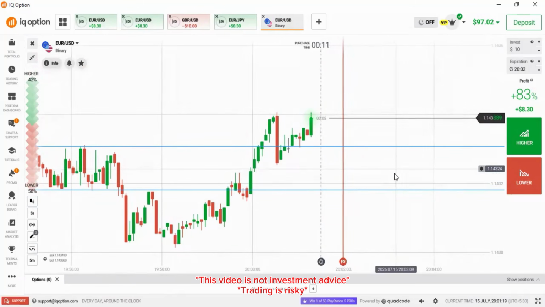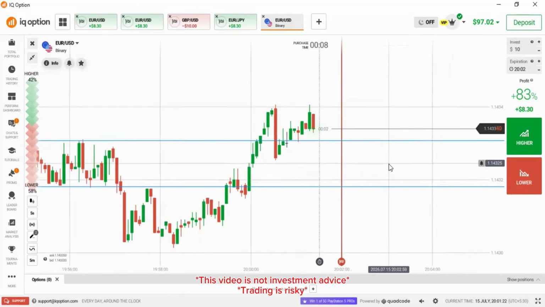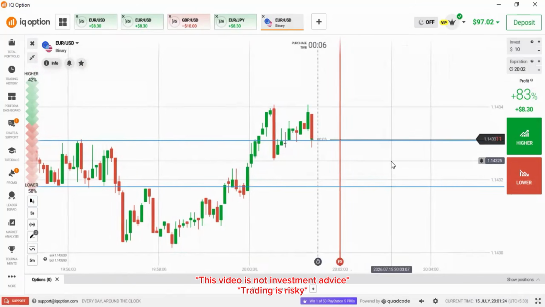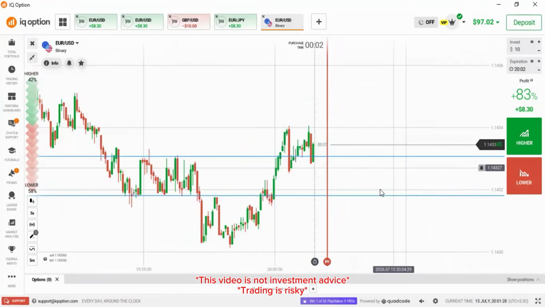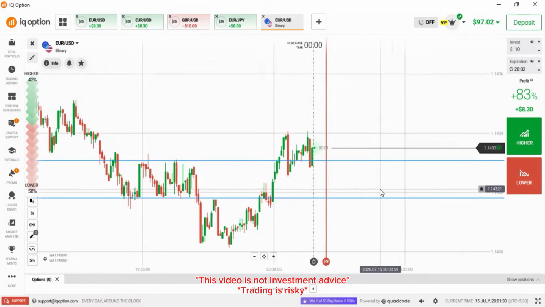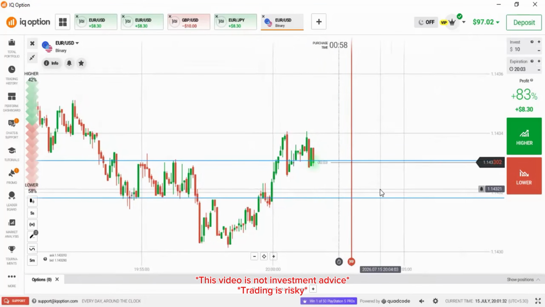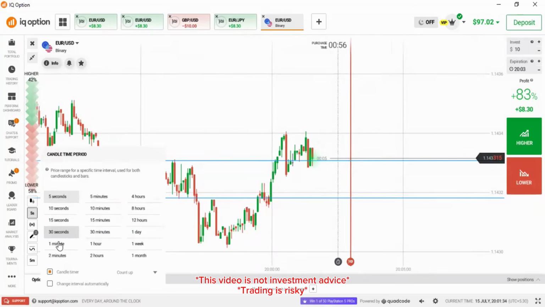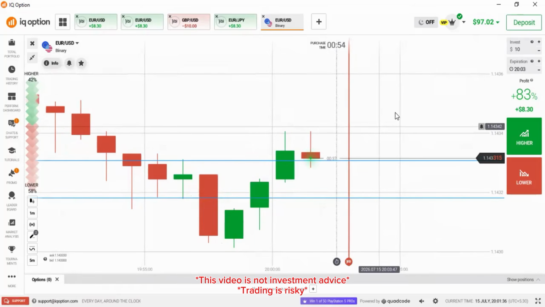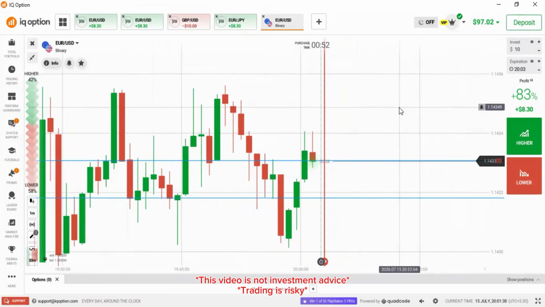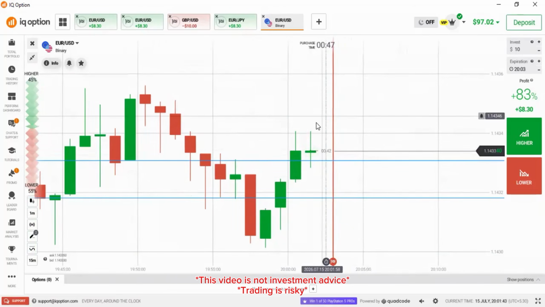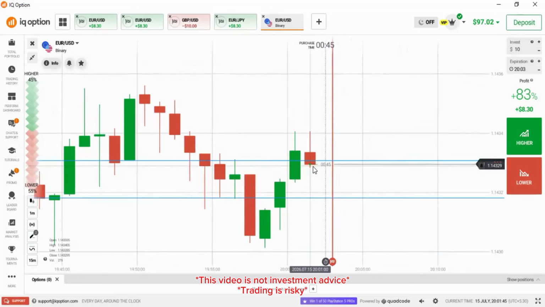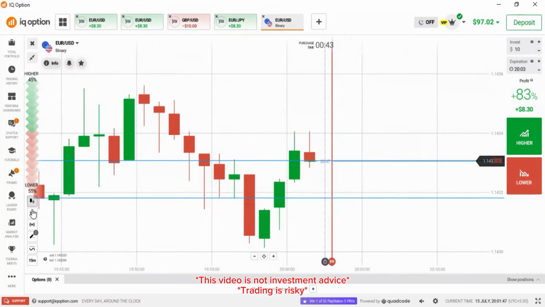Okay, it failed to make a new high. So I will place my trade after this candle. If it makes a new high, then I will try to place my trade on the next candle from this band.